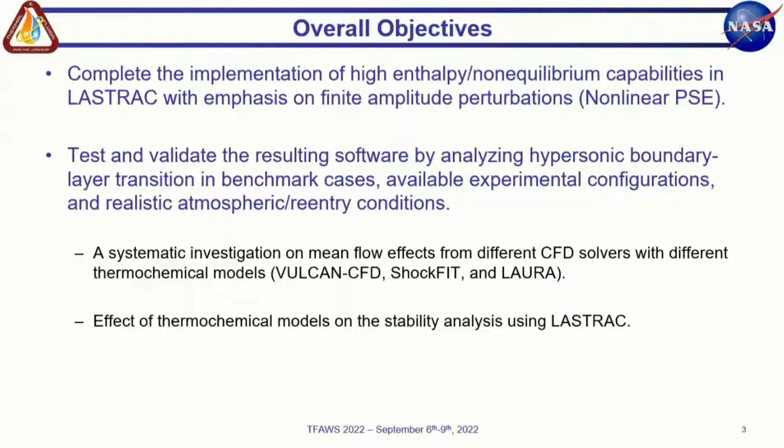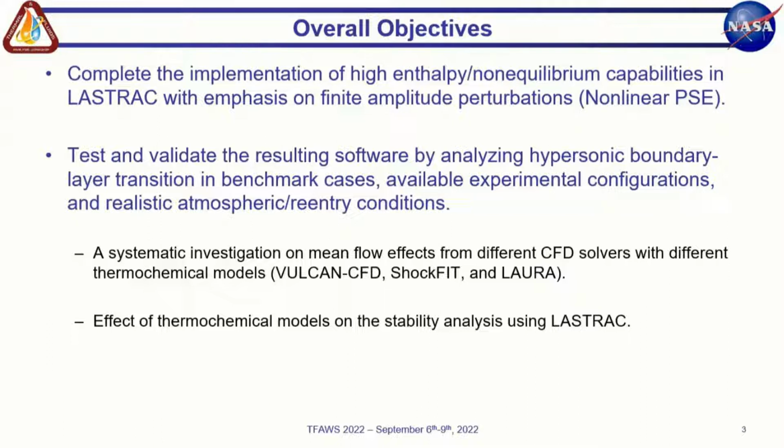The work I'm doing here is to investigate the effect of mean flows on the stability analysis. There are two sides here. The first one is we use LastTrack with the default models of non-equilibrium flow, then we use different mean flows from different CFD solvers.